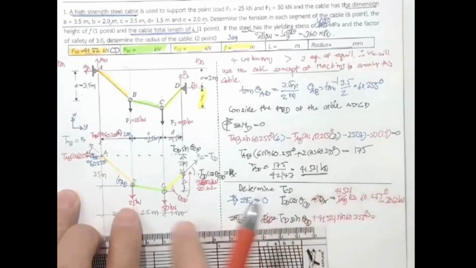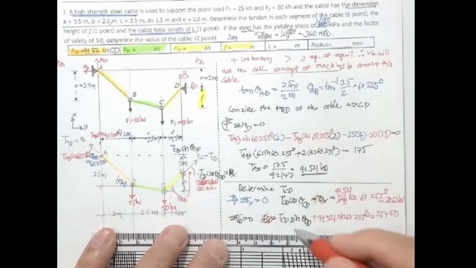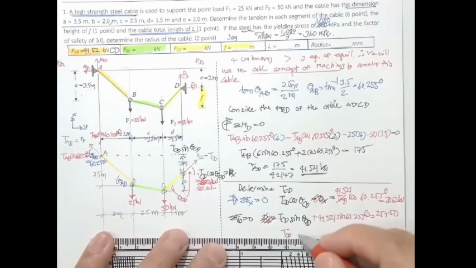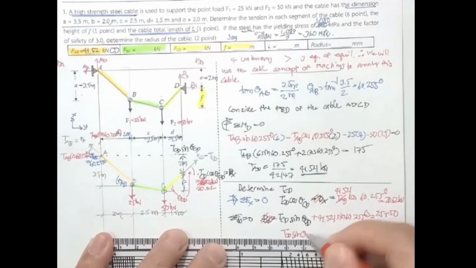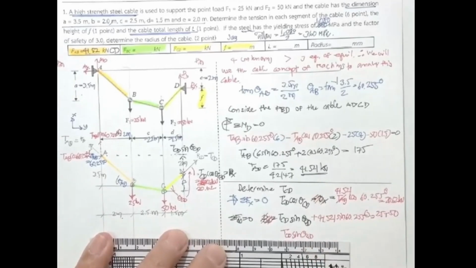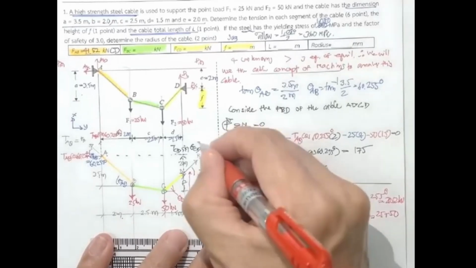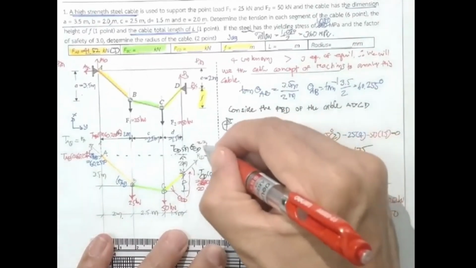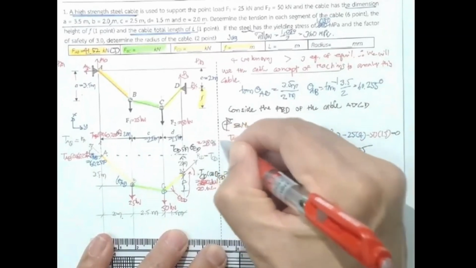Then you get T sub CD sine theta sub CD. This is 75 minus this one, we will get this one to be 38.96 kilonewton. And then you get two equations.